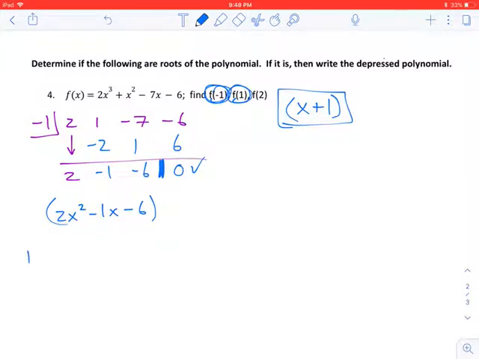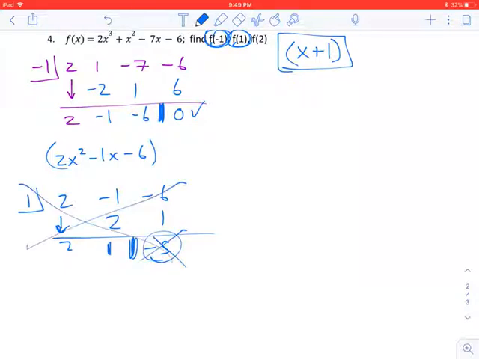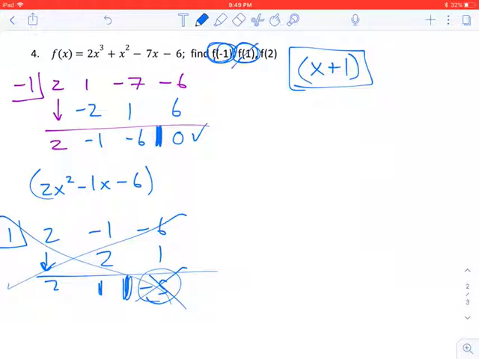So 1 is my number in here. 2, negative 1, negative 6. Bring down the 2, and let's go. 2 times 1 is 2, that's positive 1. 1 times 1 is 1, that's negative 5. Since it's not a 0, I throw this one out. Okay? 1 is not going to work.